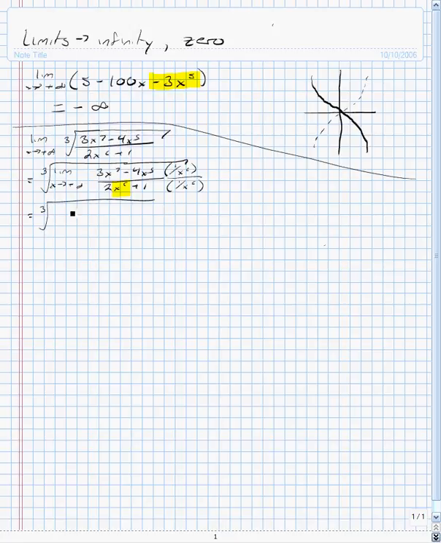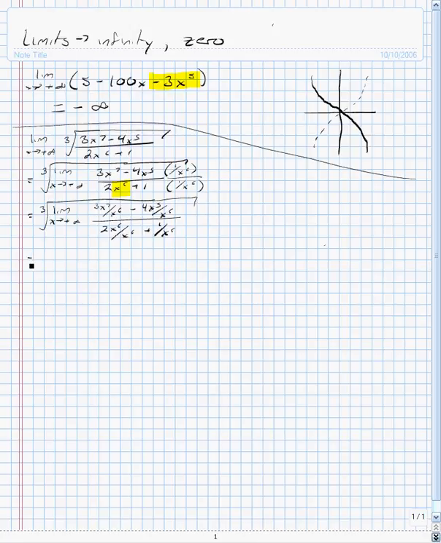So we have the third root of the limit as x approaches positive infinity of 3x to the seventh over x to the sixth minus 4x to the fifth over x to the sixth, all over 2x to the sixth over x to the sixth plus 1 over x to the sixth. Make sure that all gets inside.